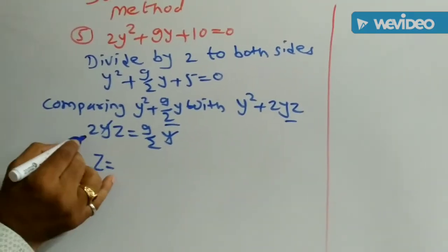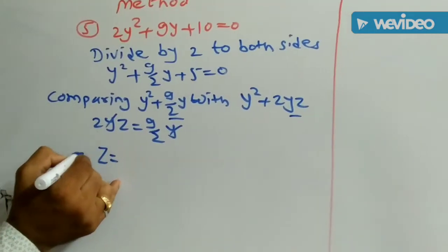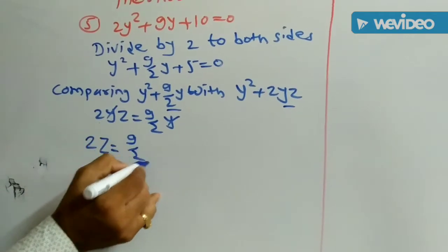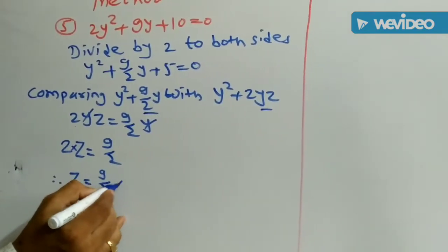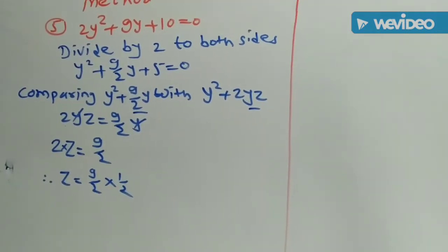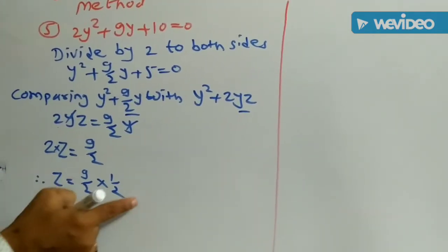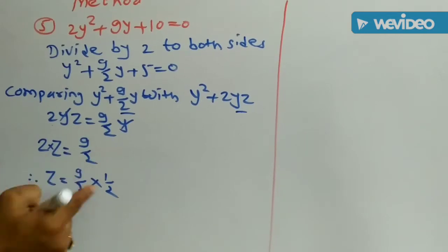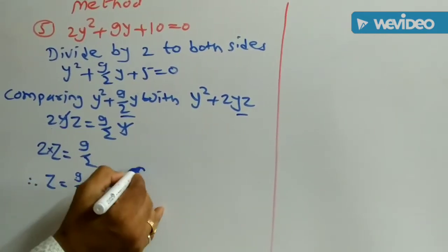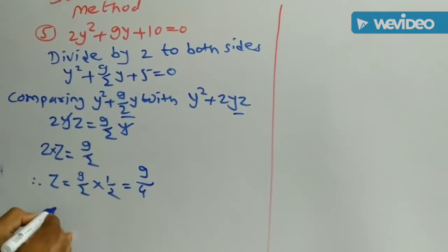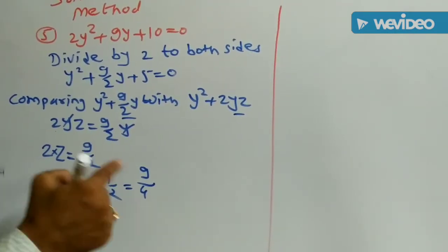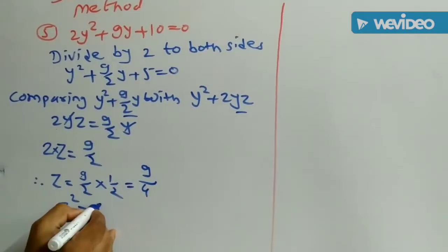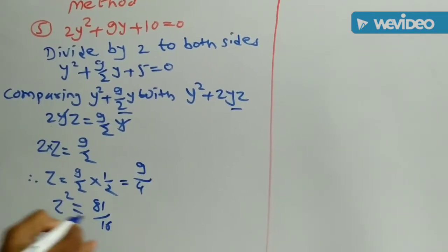To find the value of z, 2z is equal to 9 upon 2. The multiplication by 2 gets converted to division. Again instead of division, take multiplication by the reciprocal of 2, that is 1 half. Now z means 9 ones are 9, 2 twos are 4. Now the square of z is z square. The square of 9 upon 4 is 81 upon 16.